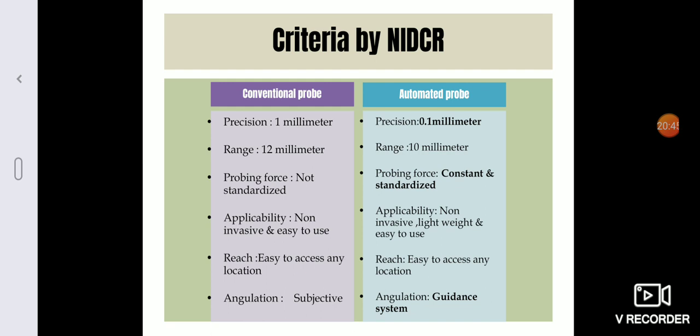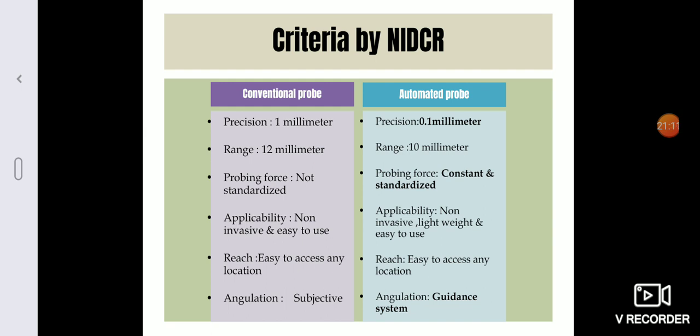Another difference between both types of probes is the probing force. With a conventional probe it is not standardized, whereas in the automated probes a constant and standardized pressure or force is provided. And the third point of difference, which is very important, is the changes in angulation, which may give a lot of error in the measurements.